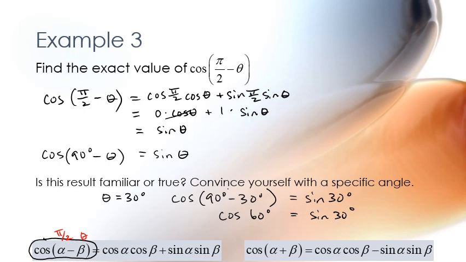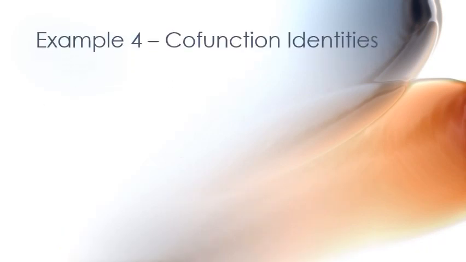And I believe that we saw earlier that this is a true statement. What is the cosine of 60 degrees? It is 1/2, and this is also 1/2. So this should feel familiar. We've done something like this before. So that leads us to example 4, which are cofunction identities.